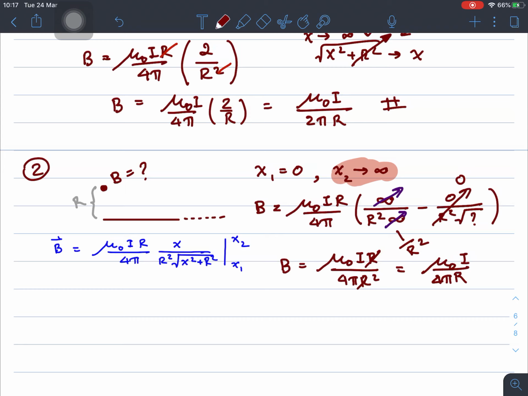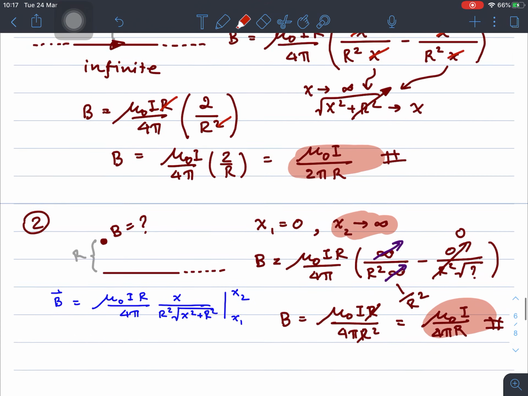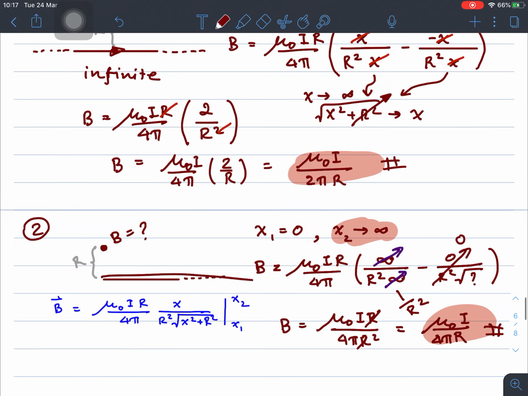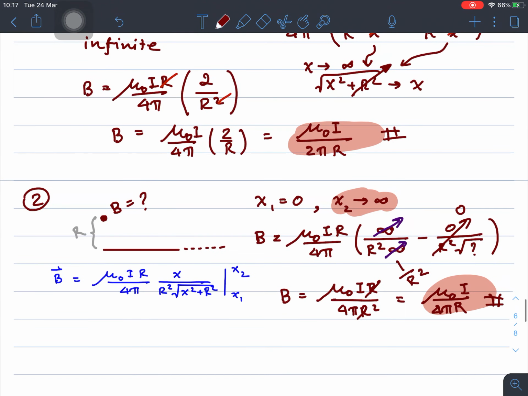So it would be half of the answer that you get from having the current from minus infinity to infinity. This time you have just half of it, so your magnitude of the magnetic field will be half.